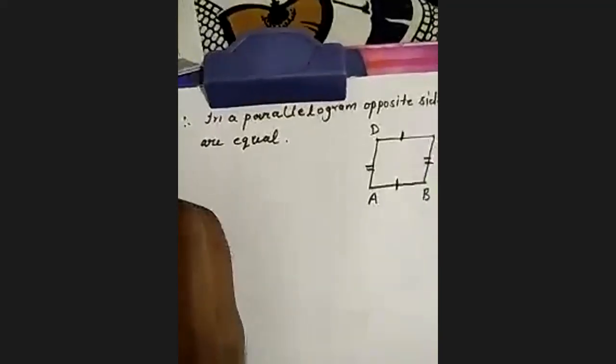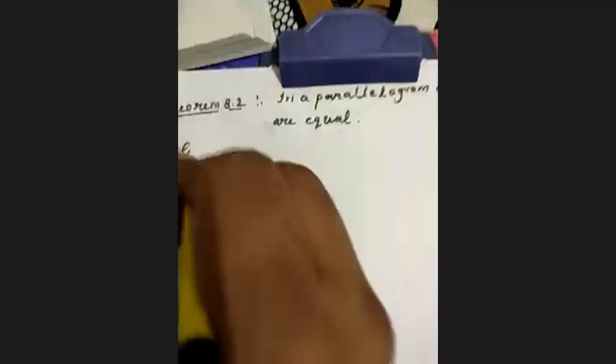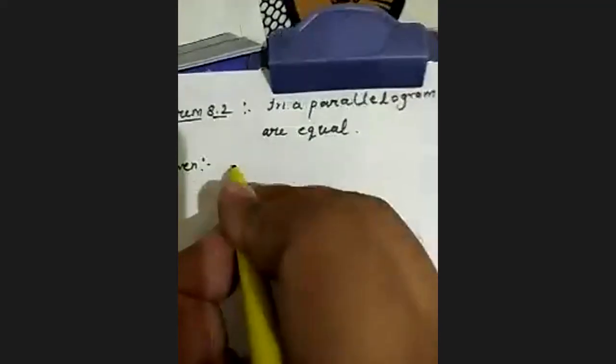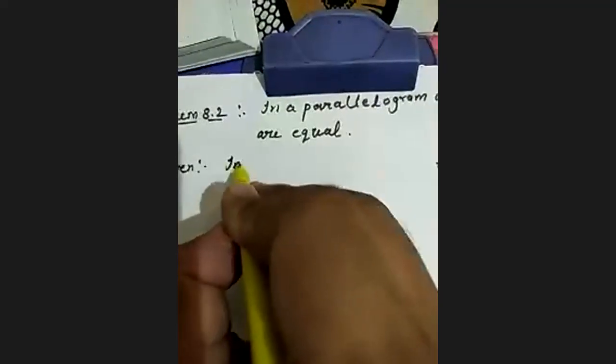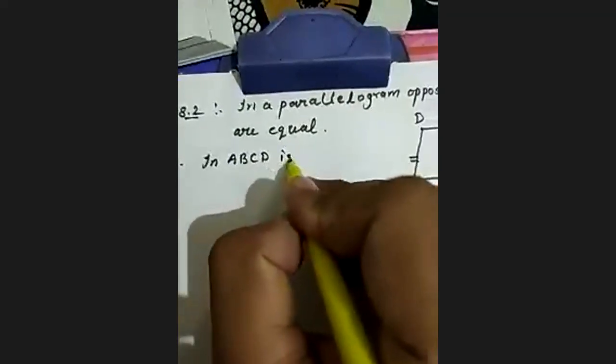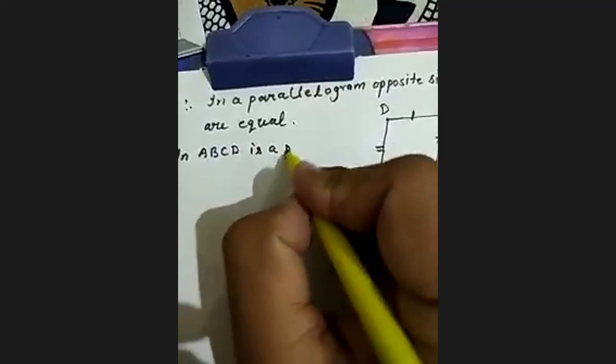So first of all, in given, what is given? ABCD is a parallelogram.